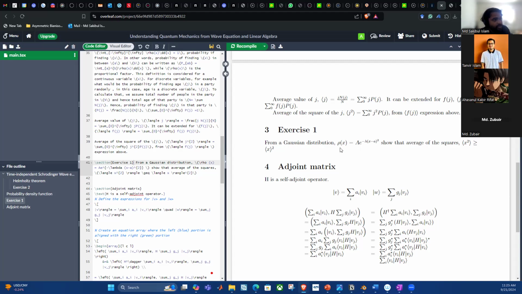If you want to solve this problem, you need to calculate the value of a. I did not give it, I should update it. This is a constant. The value of a, I think, is square root of pi over lambda. I'll check, but I think a is square root of pi over lambda.